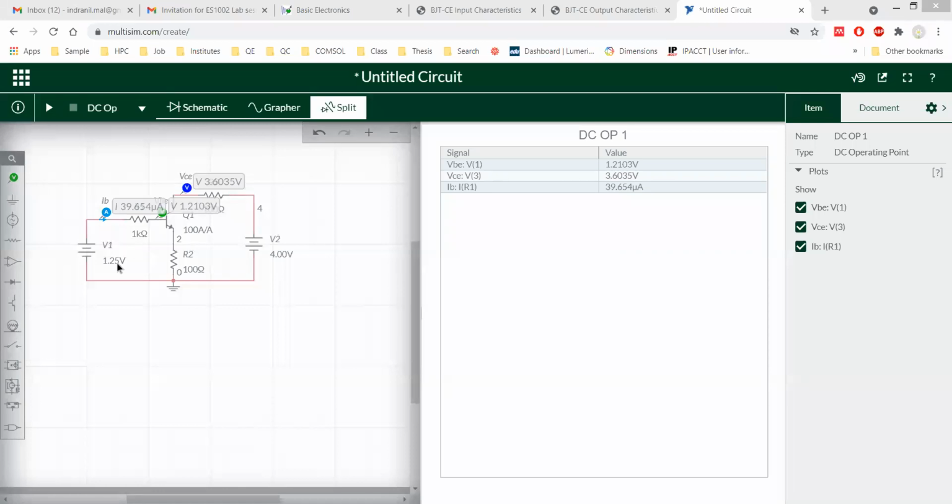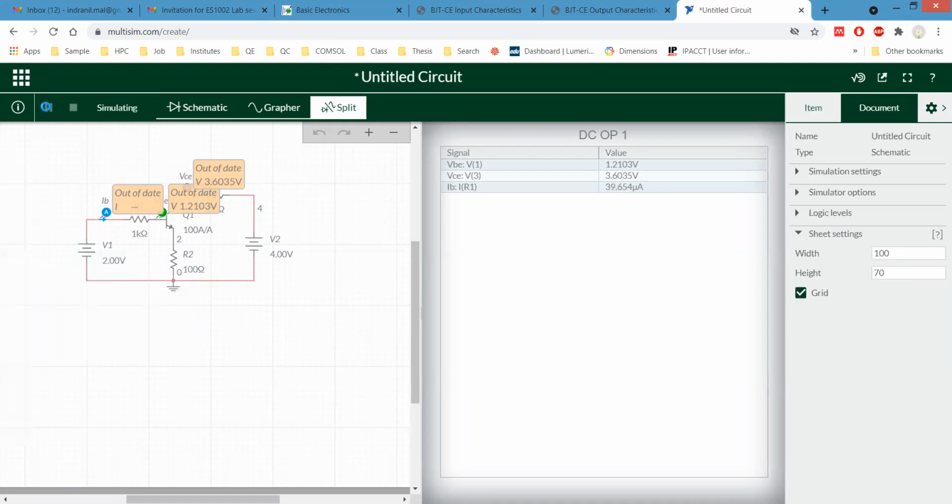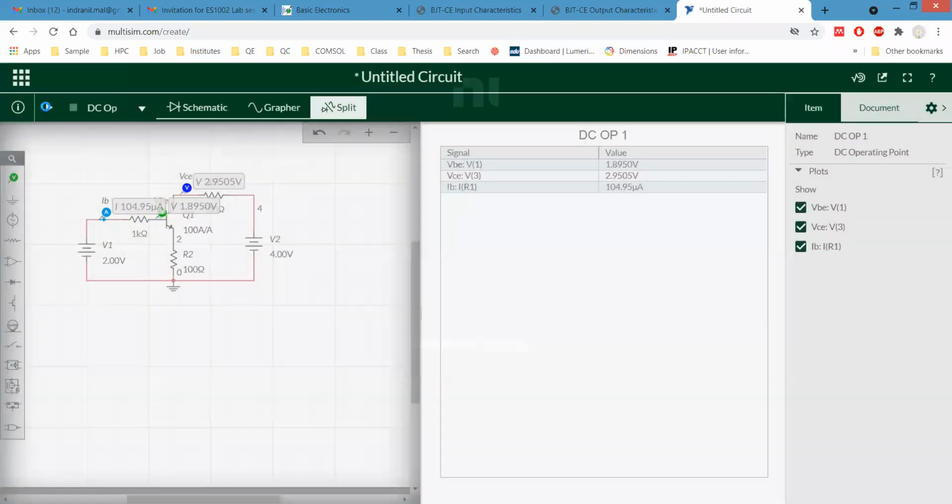Okay, now let's change the value. Let's say it is 2 volt. Now run it. Okay, so VB is 1.895 volt and your IB is 100.95 microamps.